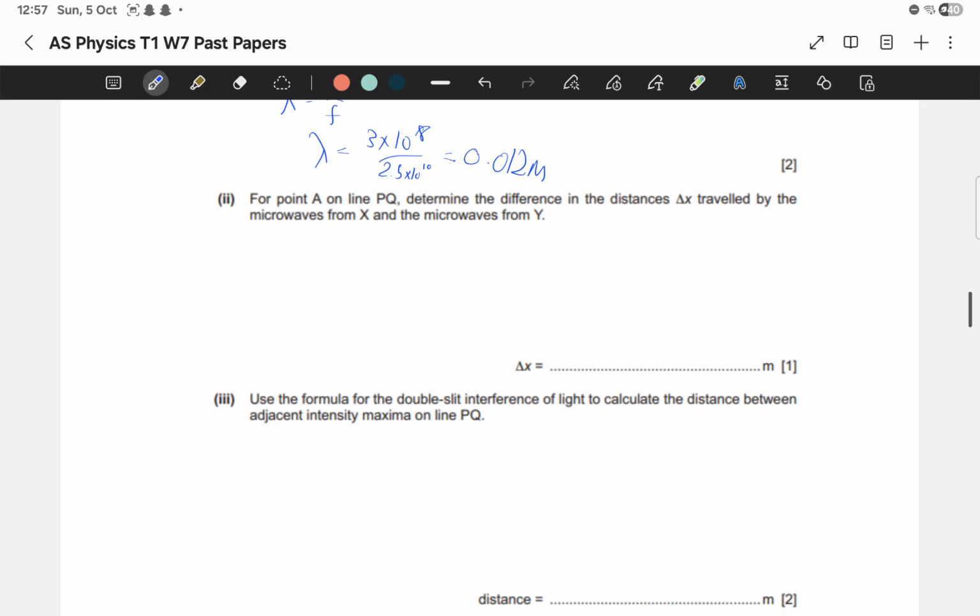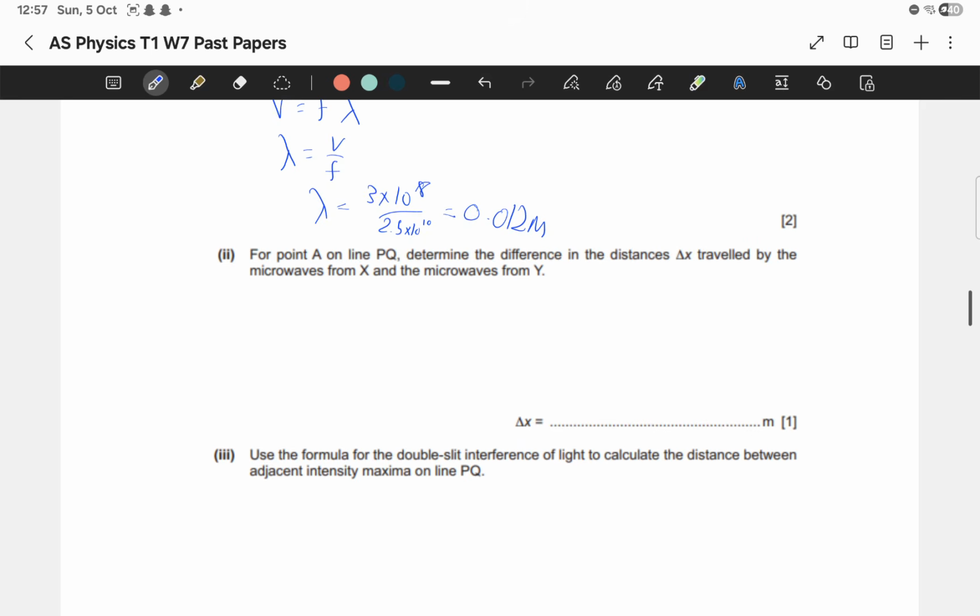Now, for point A on line PQ, determine the difference in distances, delta x, traveled by the microwaves from X and the microwaves from Y. Okay, this is not hard at all, it's actually very, very easy. So how would you do this, right? It's very simple.